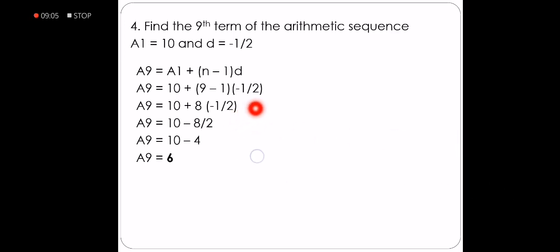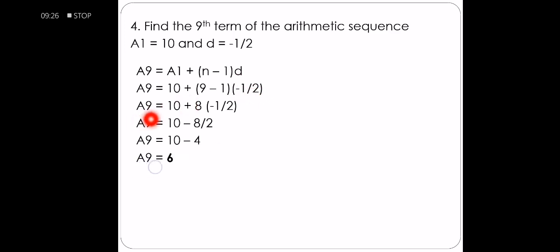So we are looking for a sub 9 equals a sub 1 plus the quantity n minus 1 times d. a sub 9 equals, our a sub 1 is 10 plus the quantity 9 minus 1. 9, because 9 is the position of the term we are looking for, times negative 1 half, which is our common difference.